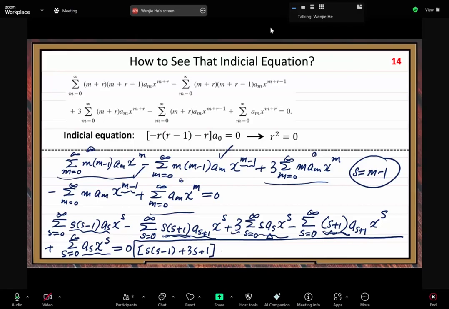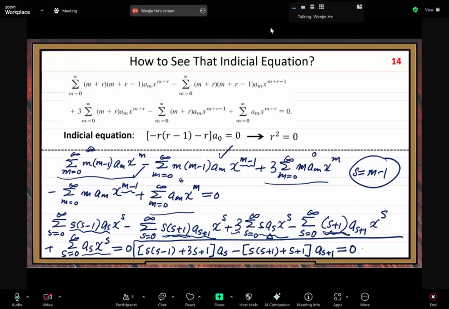This whole thing we need to multiply by A_S, minus S times S plus 1, plus S plus 1, right?